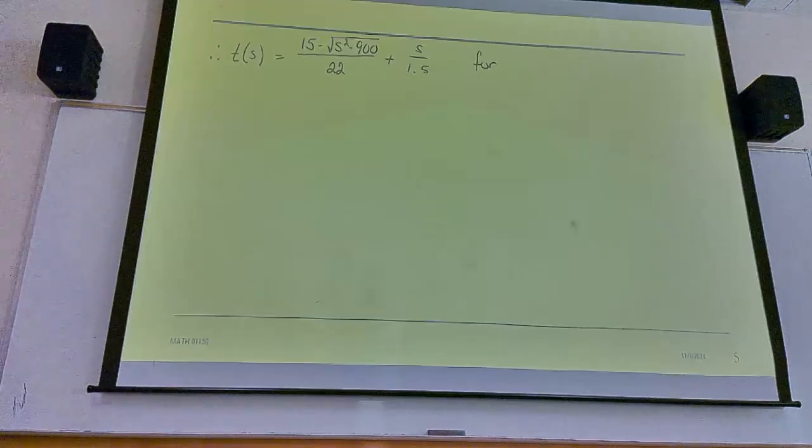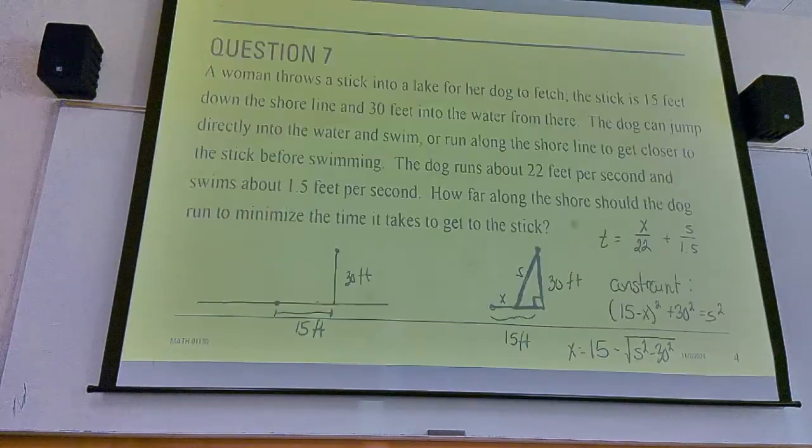What is the smallest s could be? 30. Can't be any less than 30.